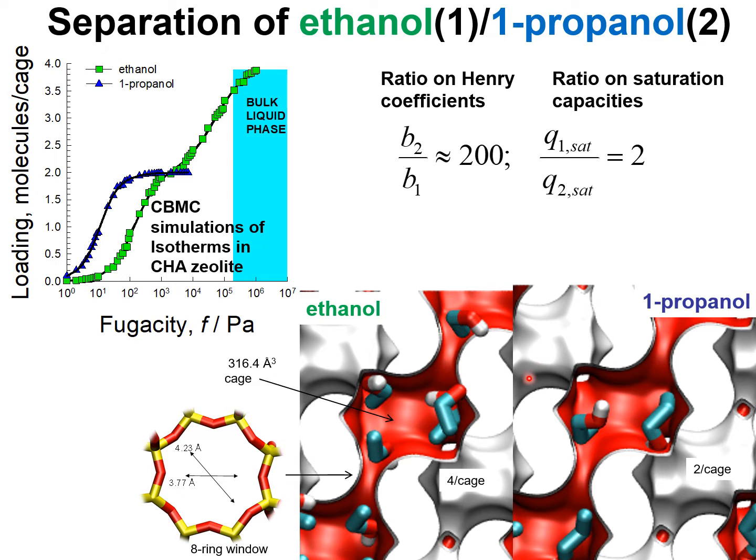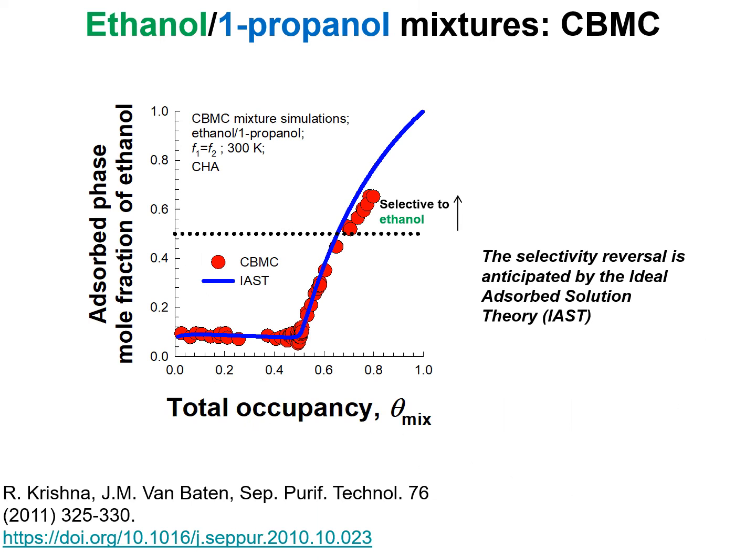We now examine mixture adsorption in Chabasite of ethanol 1-propanol. We performed molecular simulations for adsorption of mixtures of ethanol 1-propanol. In the bulk phase, the partial fugacities of both components are maintained equal to each other. And in this graph, the simulation data are plotted.